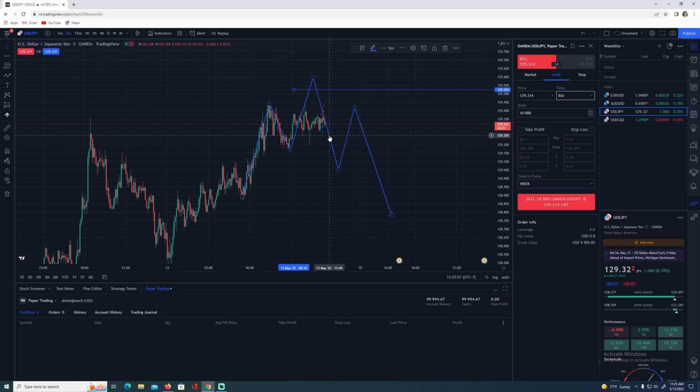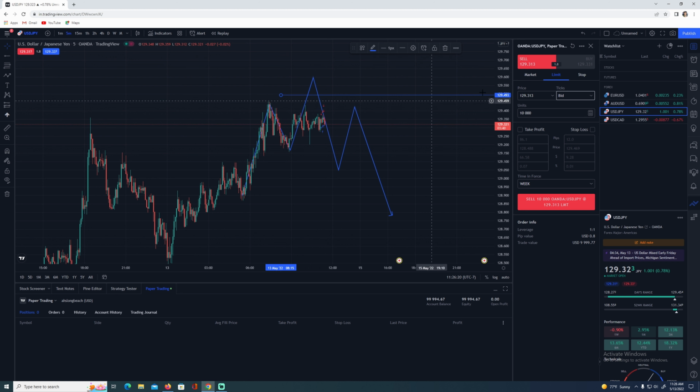So a limit order on a sell, we place it above price, because that's the limit where it's going to get to, and then turn around and go the opposite way. So for a sell order, it's above price.